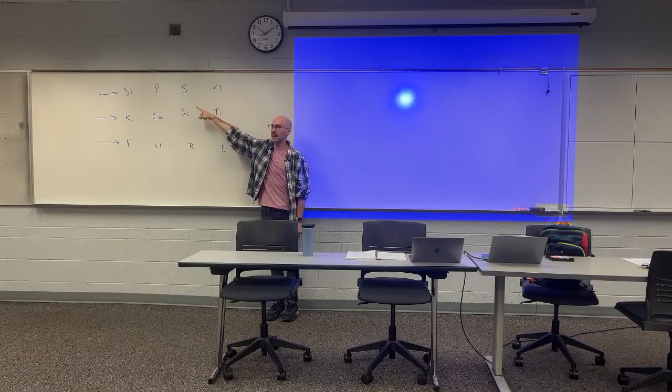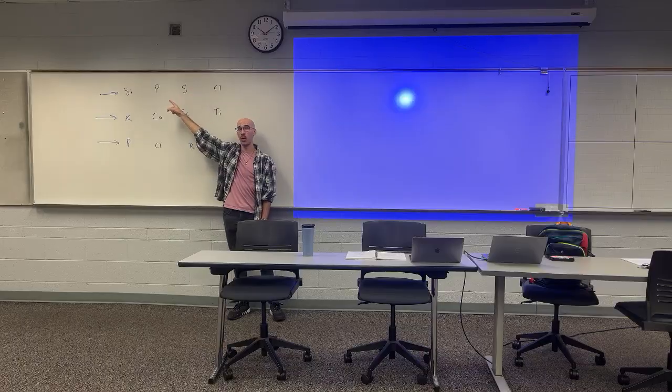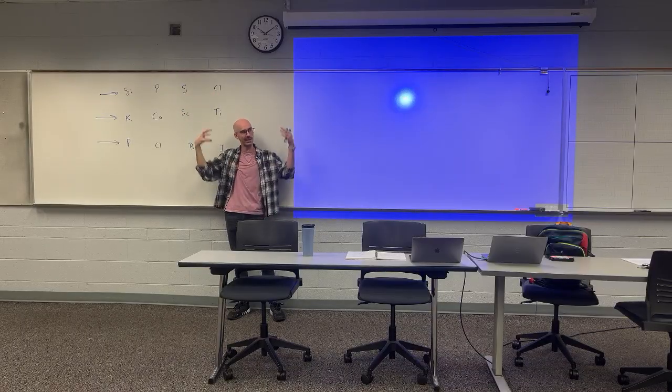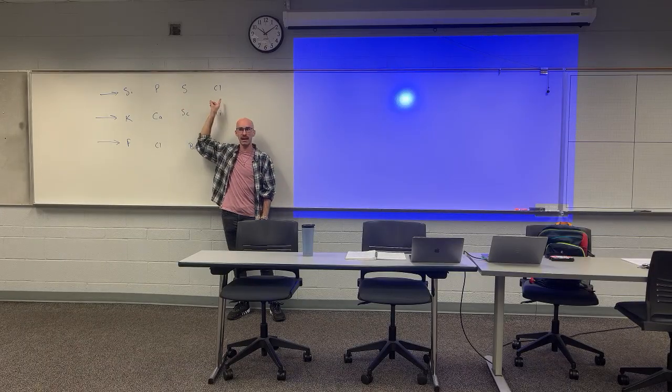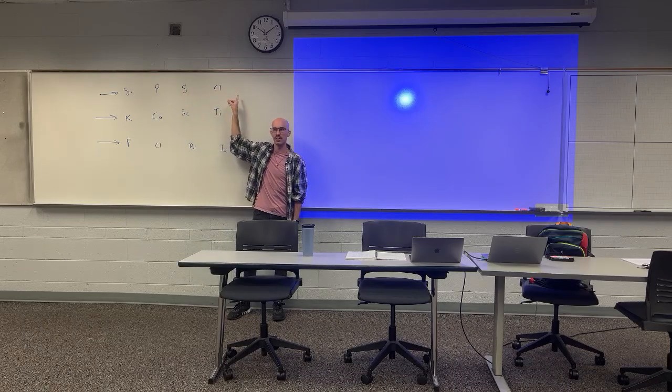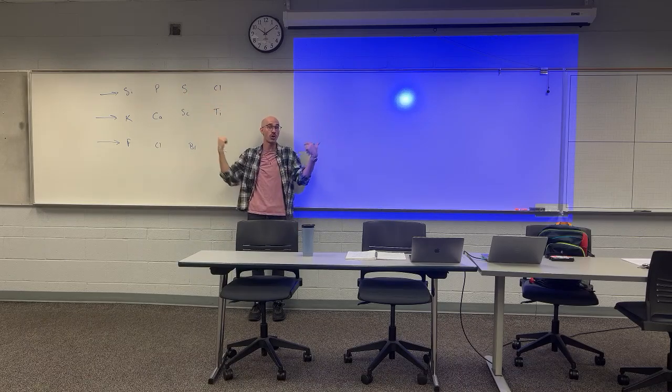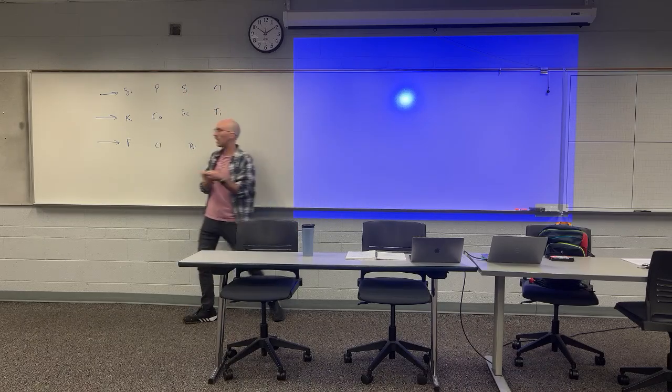All of these atoms have the same amount of core electrons. Those core electrons are shielding the electromagnetic pull of the protons. But since they're all being shielded the same amount, more protons in the nucleus means a stronger pull on the valence electrons.